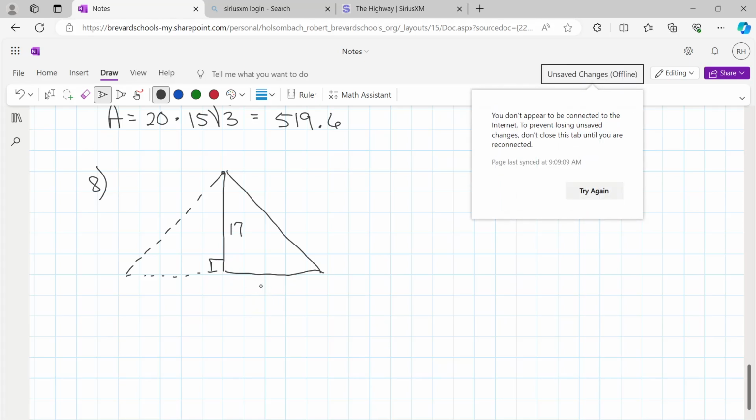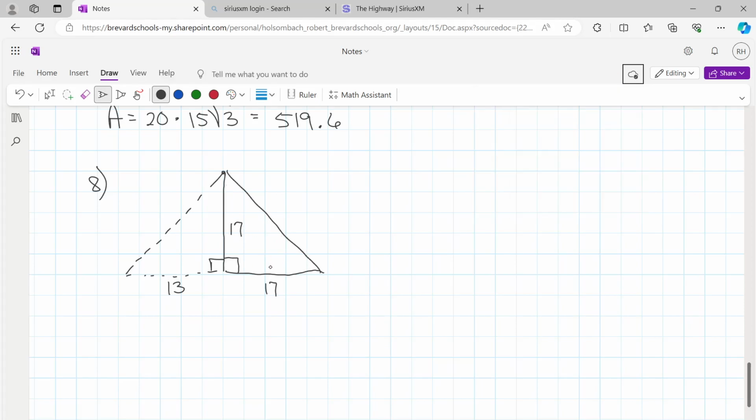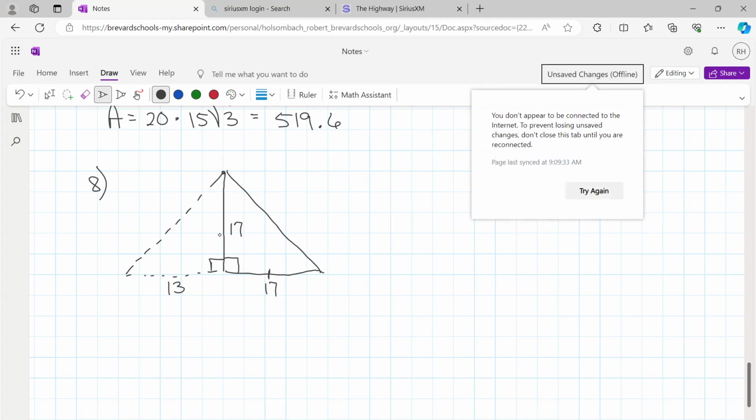The horizontal piece on the right is 17. And this piece right here is 13. So if this triangle on the right, which is the triangle we're working with, has 2 sides that are the same, then these 2 angles are the same.